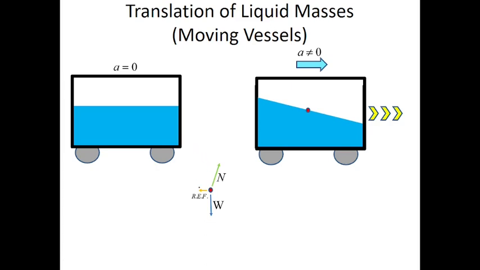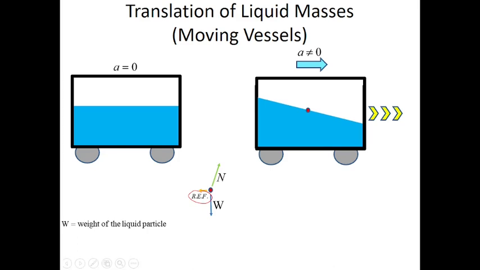As I have told you a while ago, why does the liquid tend to move left if the direction of acceleration is to the right? Because of the property called inertia. So in that case, we have the reverse effective force or the fictitious inertia force.